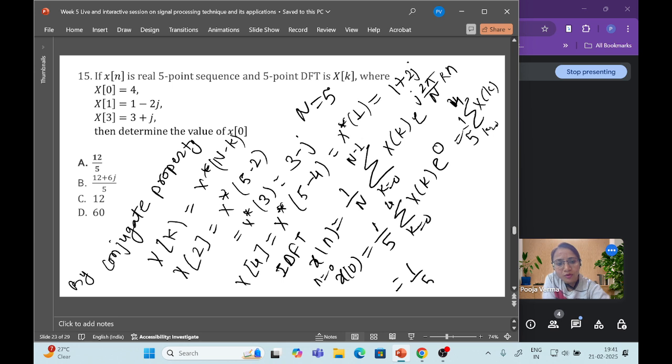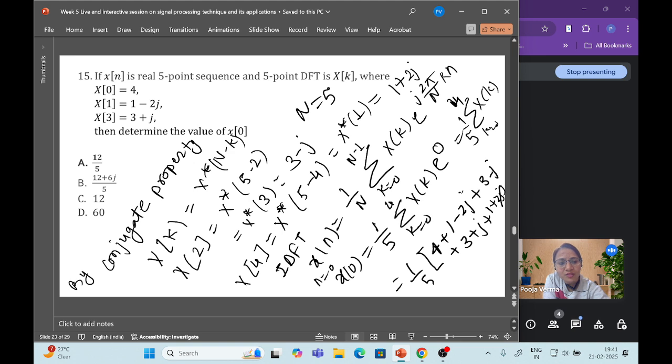Now it is simply the addition of all these values. At the 0 place it's 4. Now at 1, 1 minus 2j. At the second place, 3 minus j. At the third place, 3 plus j. At the fourth place we have got 1 plus 2j.